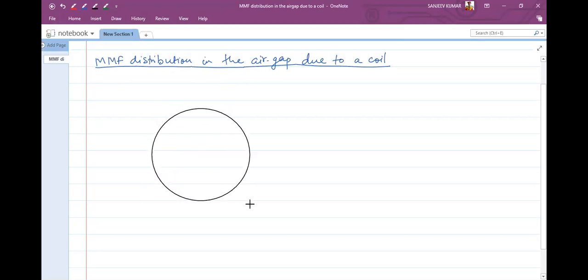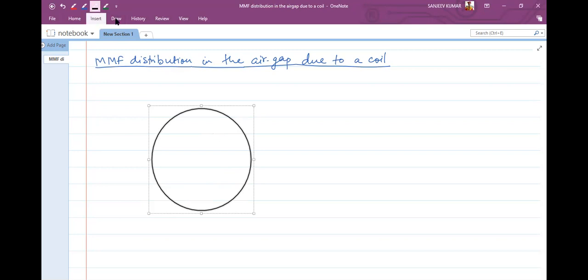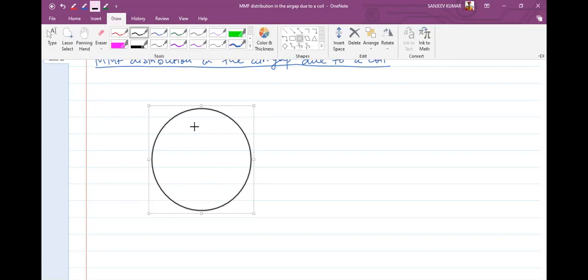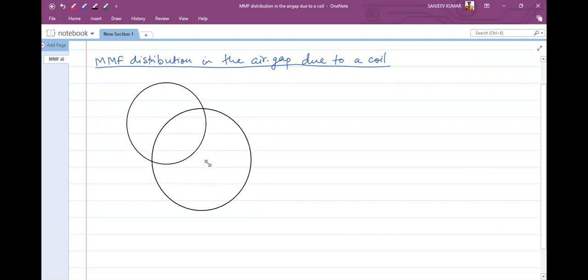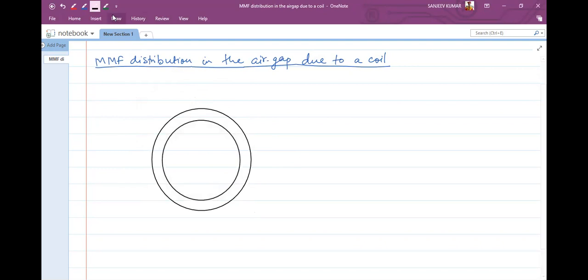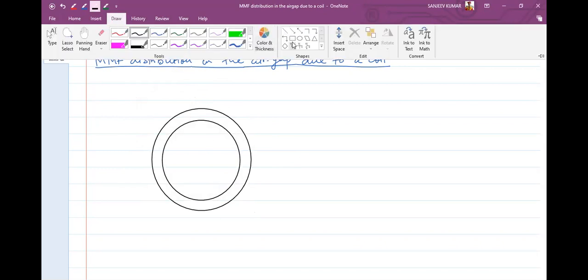We will first try to draw a stator and a rotor. Okay. Now we have drawn the stator of a typical AC machine.